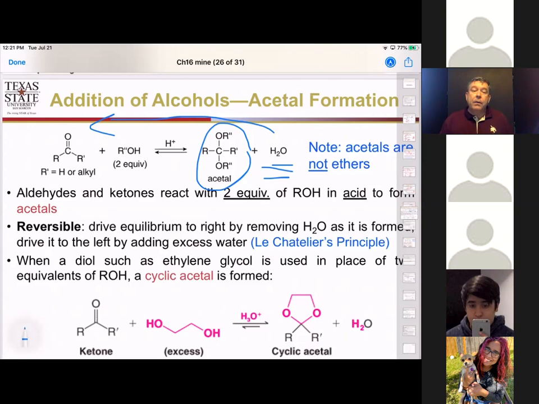Okay, now, when they are these straight chains, they're not as stable as they could be. However, if you make a cyclic version by having a diol, these are incredibly useful synthetically, okay?